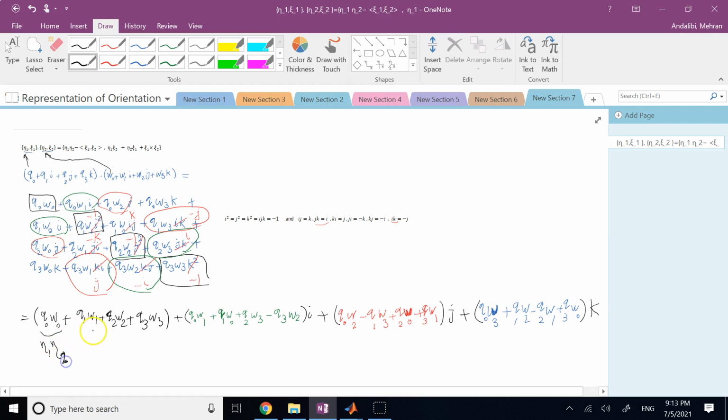What is the next term here, this guy? q1 w1 plus q2 w2 plus q3 w3. It looks like it's the dot product of this vector with this one, where this vector is called zeta 1 and that vector is called zeta 2.